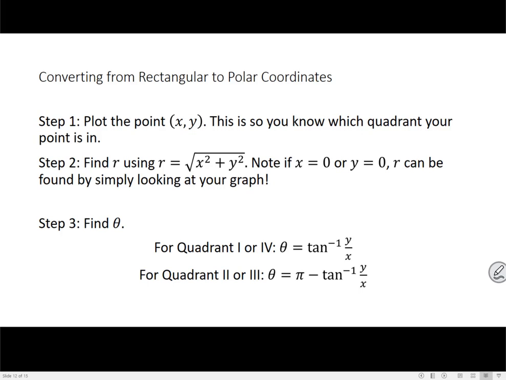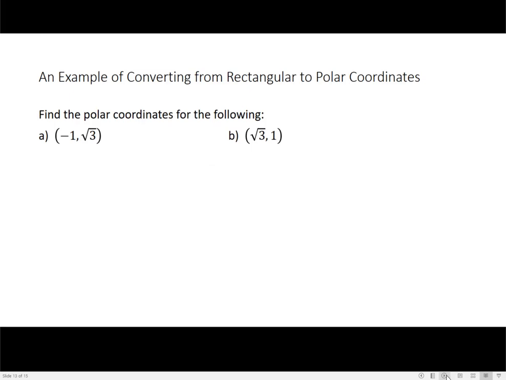So let's practice that just a little bit. Here I want to start with part A, and I'm going to convert these rectangular coordinates to polar coordinates. My first coordinate, A, is (-1, square root of 3). The first thing is I'm going to quickly plot this point.